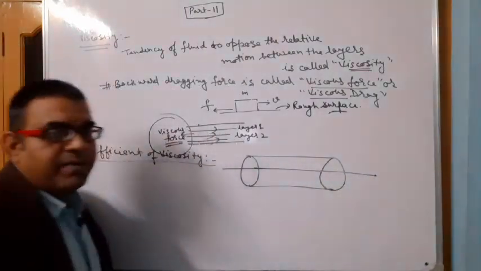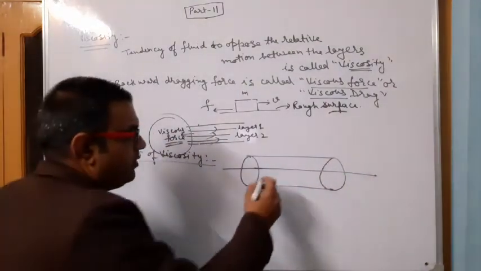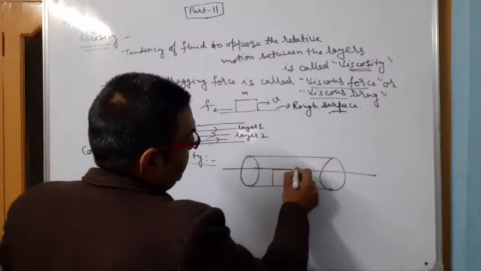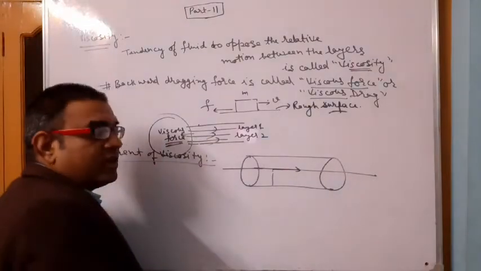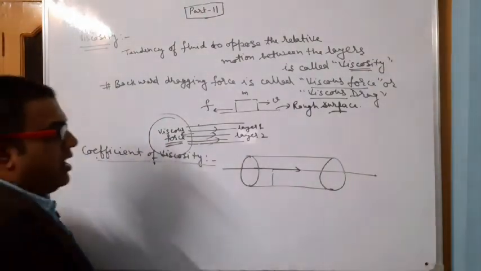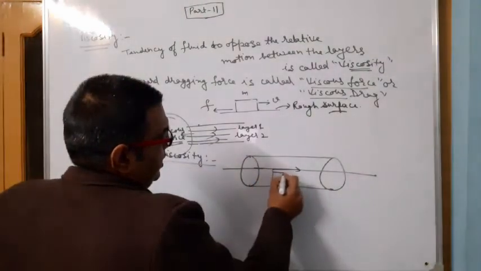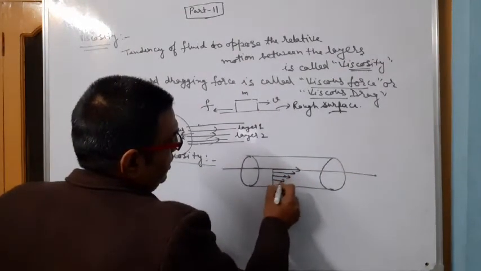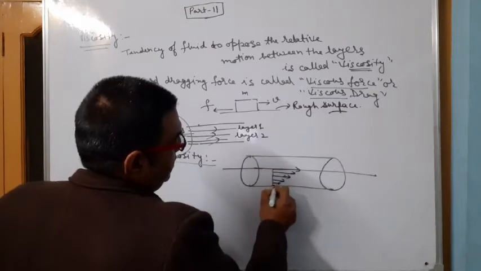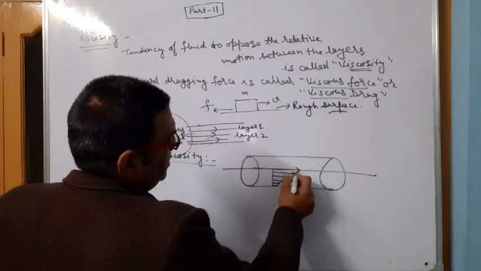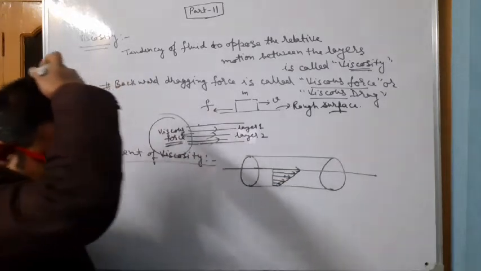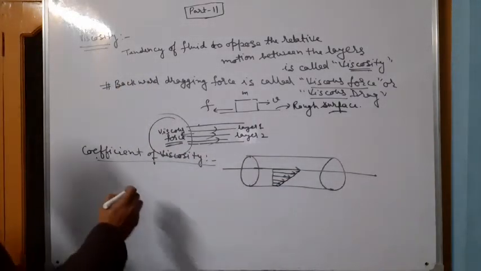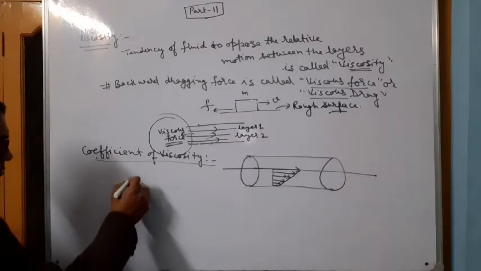In case of laminar flow, we had seen that the maximum velocity of the layer is along the axis of the pipe, and subsequently the velocity of the fluid decreases, and at this point the velocity becomes zero.